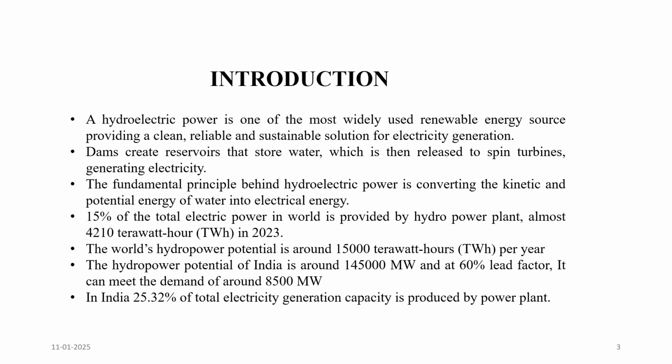In India, 25.32% of total electricity generation capacity is produced by hydropower plants.